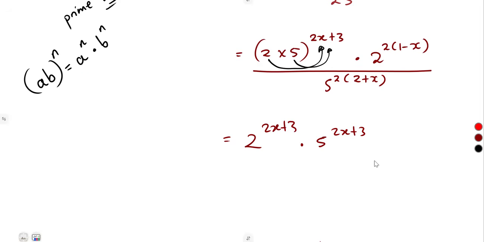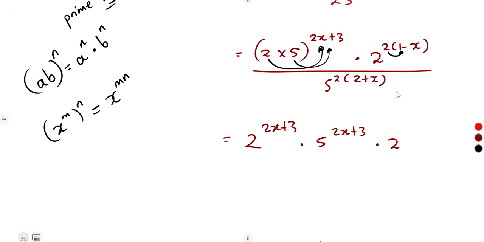All right? On this part, there's an exponent to another exponent: x raised to the exponent of m and raised to the exponent of n gives us x to the exponent of mn. You multiply the exponents together. So you simply multiply 2 times this.